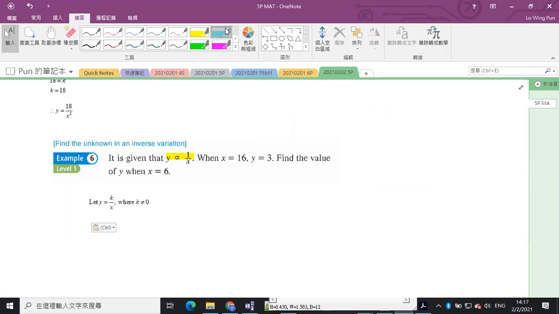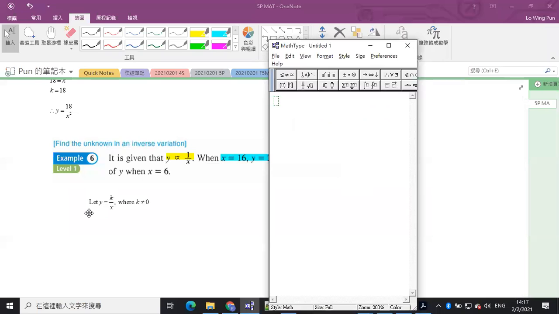You have a pair of numbers given: when x is 16, y is equal to 3. So you put x equals 16 and y equals 3 into your equation. So 3 is equal to k over 16. Then you multiply the 16 to the opposite side. 48 is equal to k, so k is equal to 48.